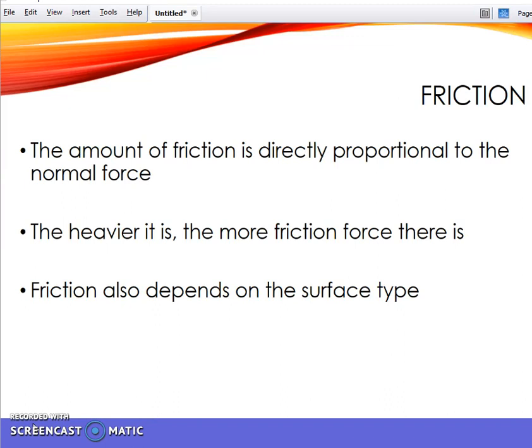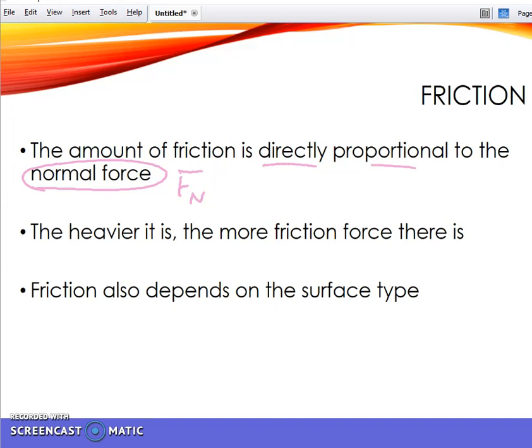So, we're going to dive a little bit deeper now into friction and what makes friction friction. If you can see on the board, hopefully, the first line says the amount of friction is directly proportional to the normal force. All right, remember normal force, Fn.